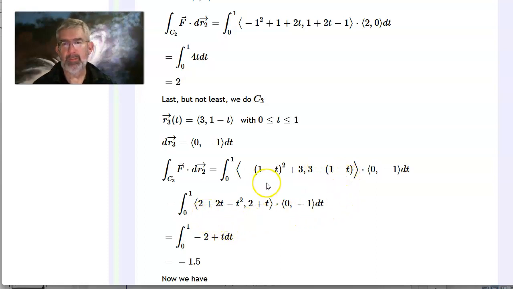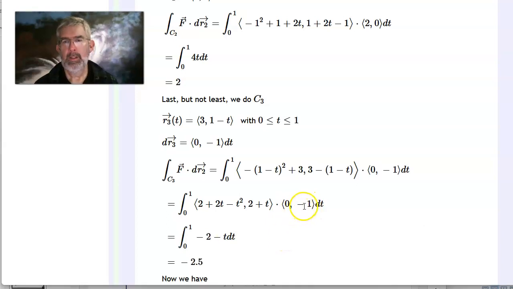This now becomes, I multiplied this out, distributed the 1 through, added the 3 to get 2 plus 2t minus t squared. And then this is 2 plus t, the minus sign distributes in there. But then you're dotting with 0, minus 1. And when I take that dot product, of course the 0 times the first part kills that off, and then the 2 plus t times negative 1 is negative 2 minus t.